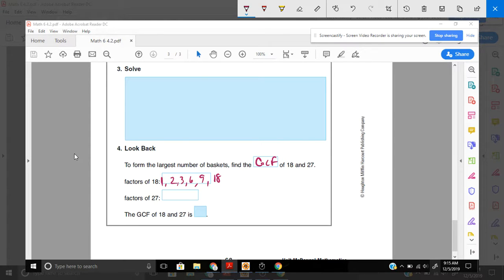And for 27, I've got 1 times 27 and 3 times 9. That's it. And what's the greatest number that they have in common? Well, that would be 9. Perfect. That's the same thing that we got by diagramming it out. So the GCF of 18 and 27 is 9.